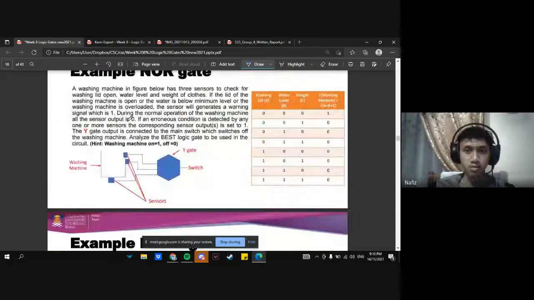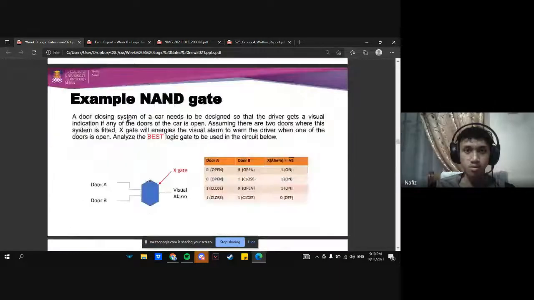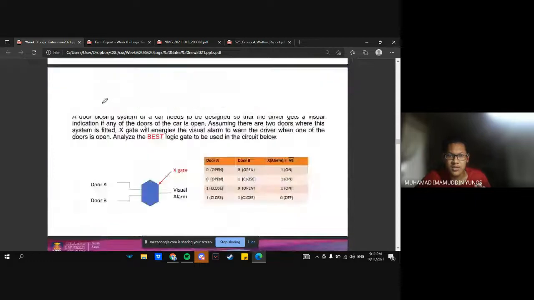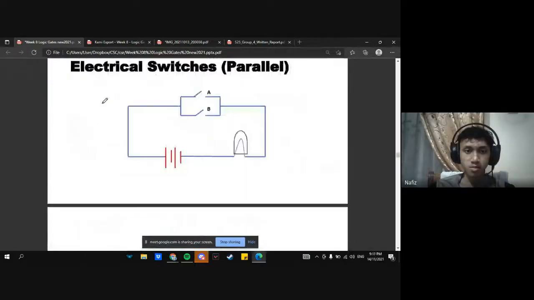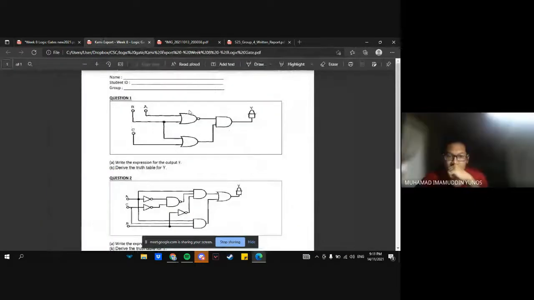There is an example of a truth table question. Here are also some other questions.